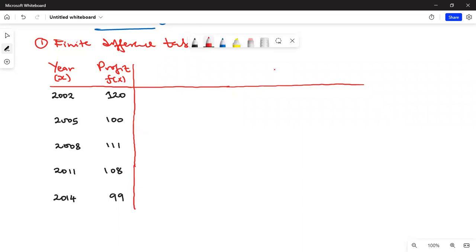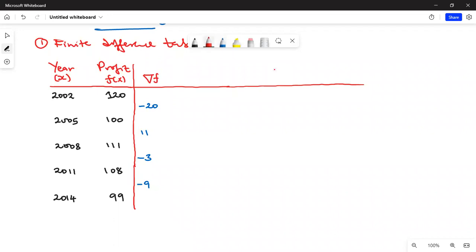Now let's get the first order backward differences. So you write a backward difference operating on F. As usual, we subtract 100 minus 120, that is negative 20. 111 minus 100, that is 11. 108 minus 111, that's negative 3. 99 minus 108 is negative 9.